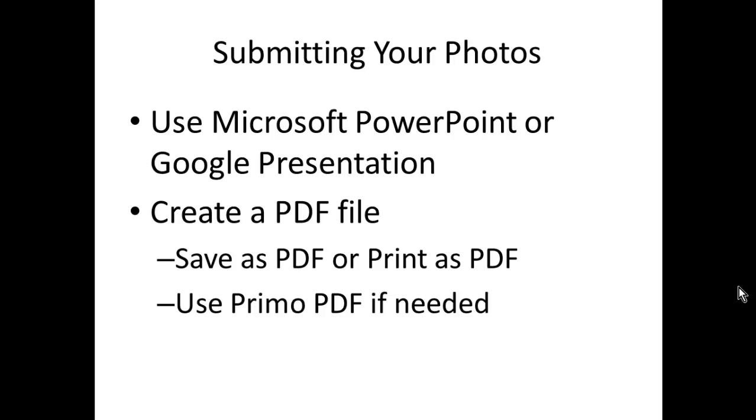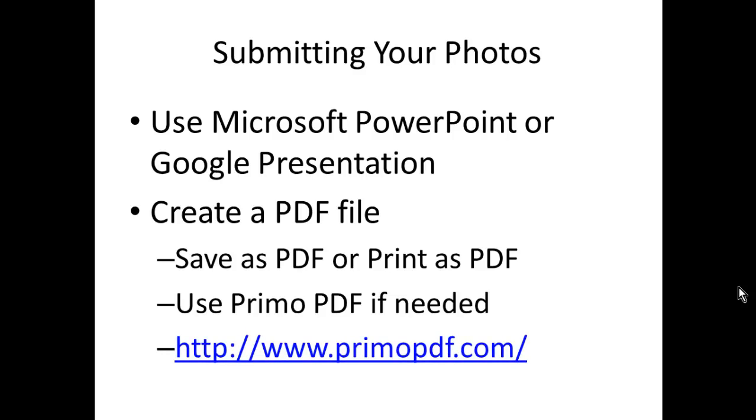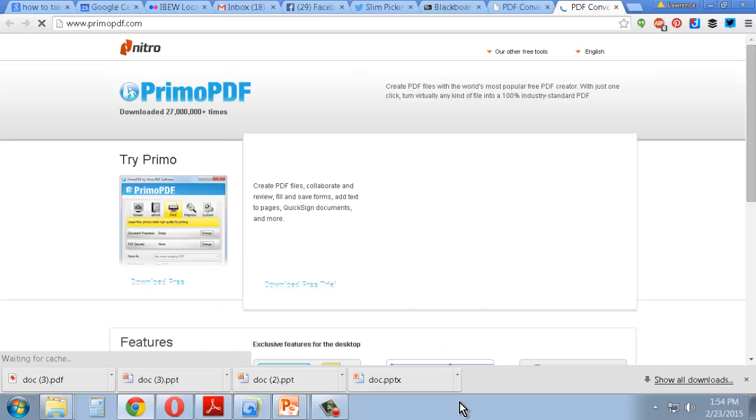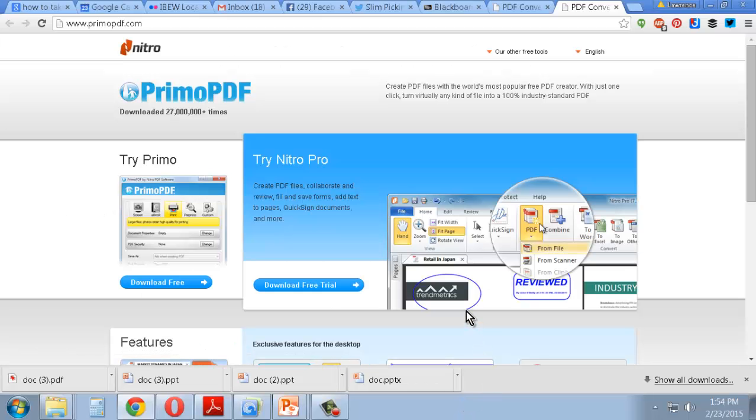If for some reason you cannot do that, if you have a very old version of PowerPoint, for example, then you can use free software. It's called Primopdf, and here's the website for it, and you can go and download it. Let me just click on it. So this is Primopdf, and you have to download this to your computer.